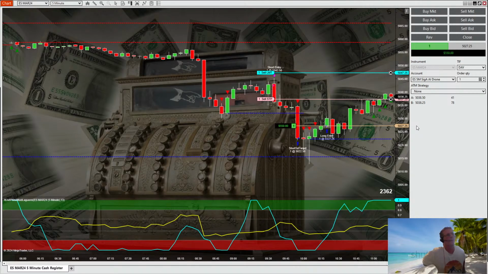Volume picking up a little bit now. Really nice ES trade with one contract. Order submitted.